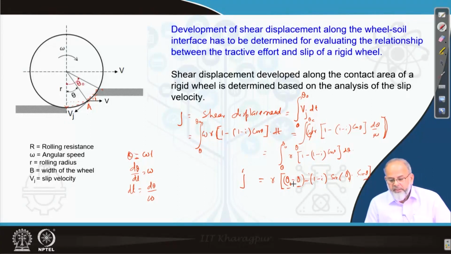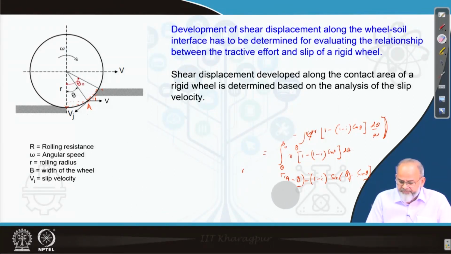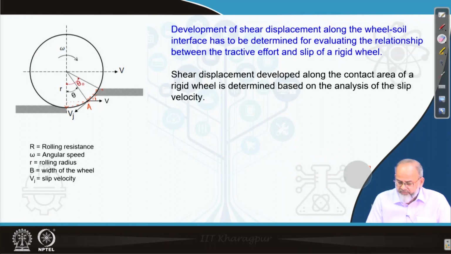Now knowing shear displacement, the next question is what is the relationship between shear stress and shear displacement. In nature, from the experimental observations, there are three relationships normally existing. So let me show those relationships.